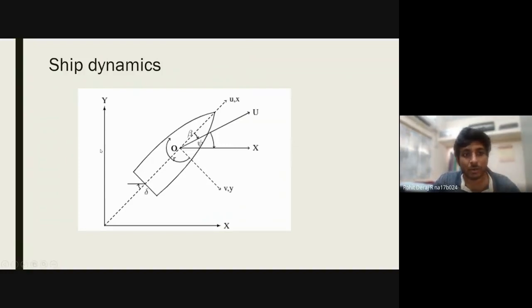Before going to the equations, I want to explain how the global coordinates and the body coordinates are laid out. The main thing to note here is that when I am talking about course angle, it is with respect to the global x-axis and not with respect to the y-axis.